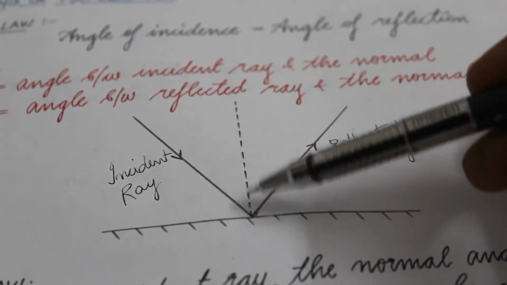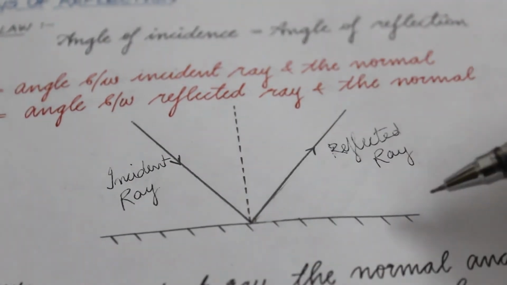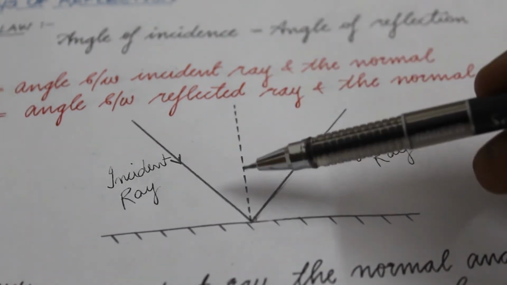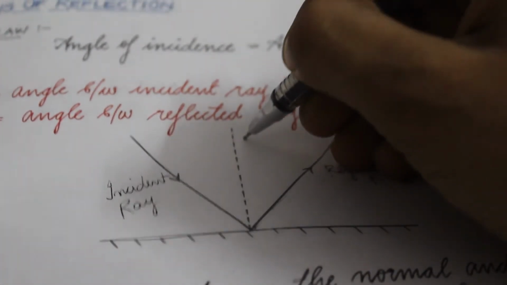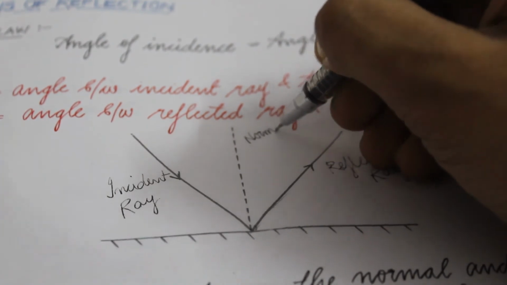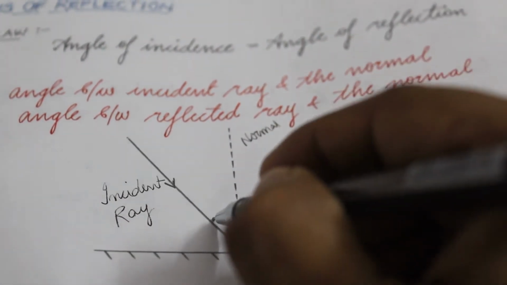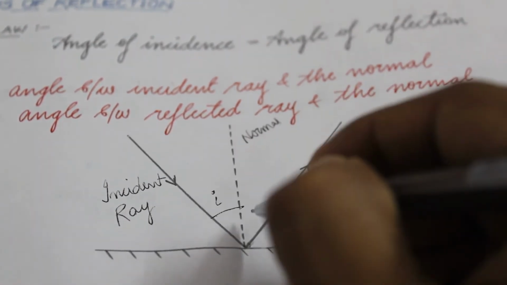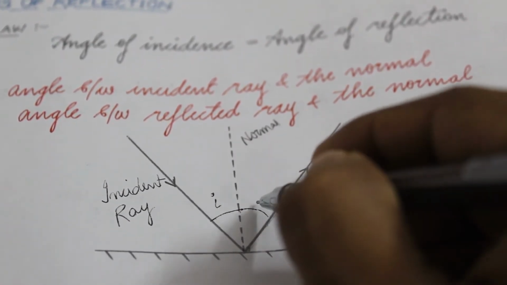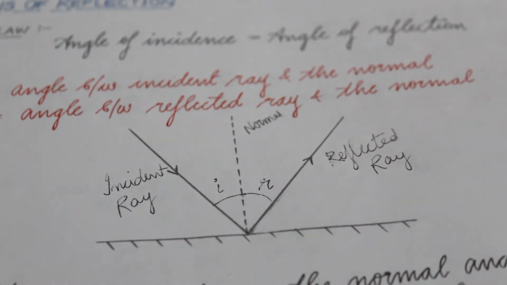This dotted line, which is perpendicular to the surface, is an imaginary line, and this is known as the normal. The angle between the normal and the incident ray is known as the angle of incidence, and the angle between the normal and the reflected ray is known as the angle of reflection.